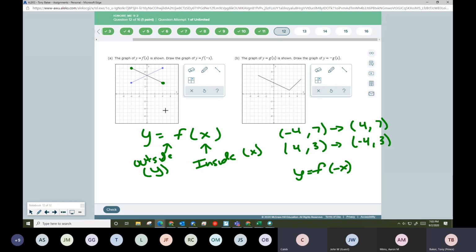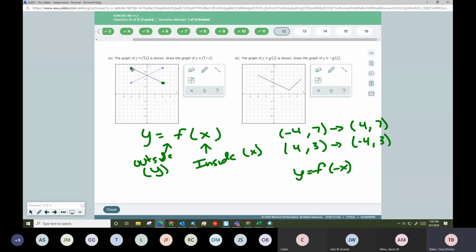All right, so notice how it has the negative inside the parentheses? See how it says f of negative x in the problem? All right, so that's changing the value of the x value. So whatever my x is, I'm going to change its sign.